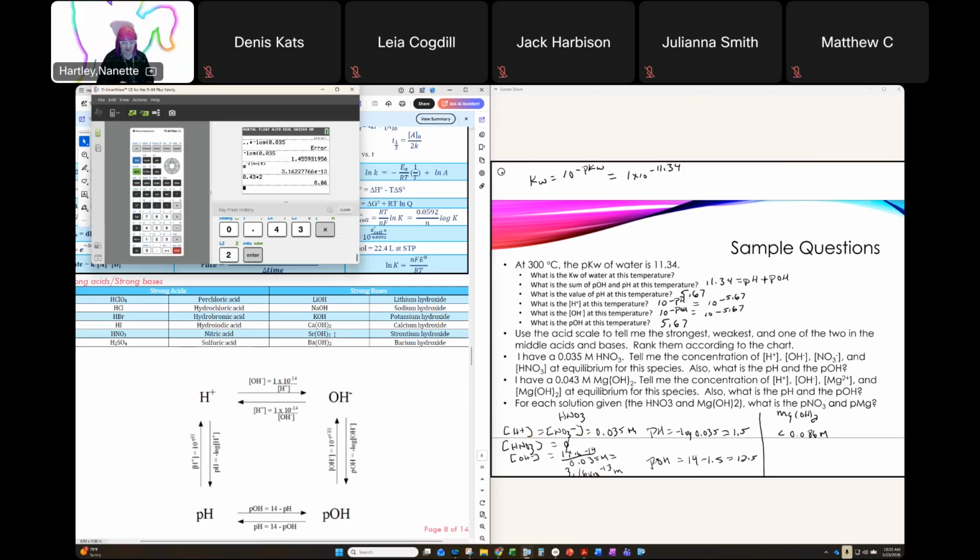So it's just the negative log of that NO3 minus concentration. And so it's 1.5. Okay. Questions about any of that? This always starts with knowing whether it's strong or not at this point. We'll get to the rest of it. Okay.